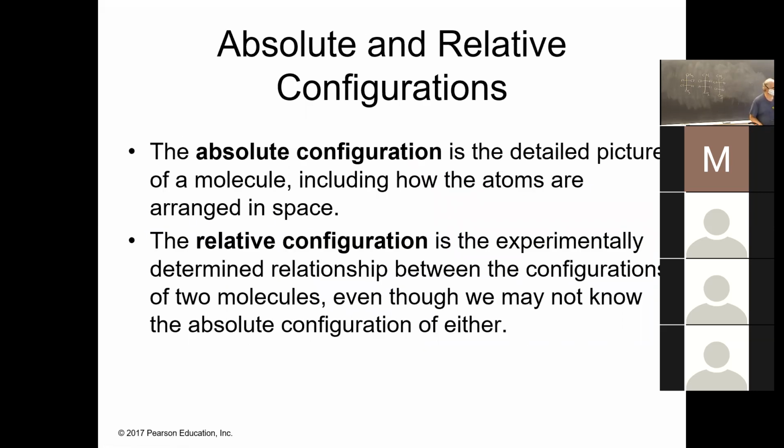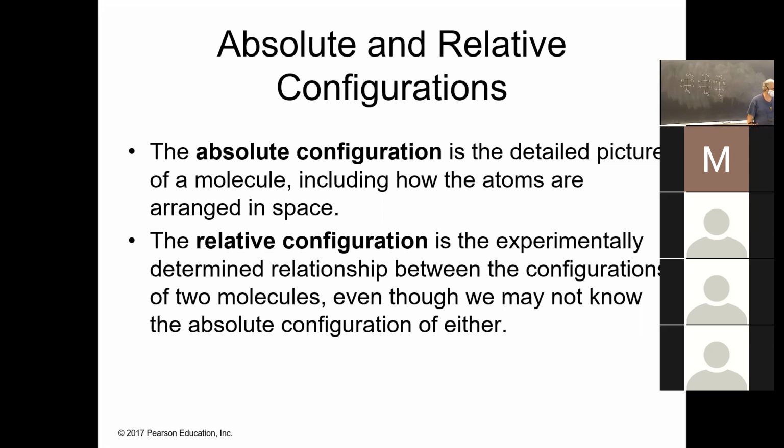Okay, absolute configuration. That means that we know exactly how the atoms are arranged in three-dimensional space. Relative configuration is an experimentally determined relationship between the configuration of two molecules, even though we may not know the absolute configuration of either.